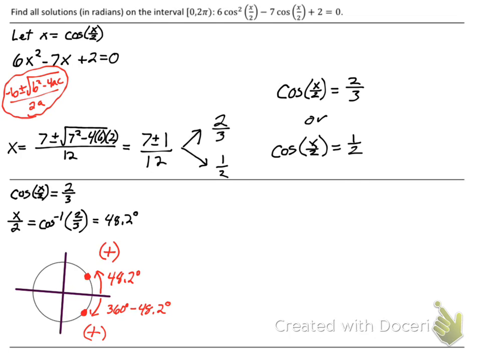So that means, based upon these two things, either x over 2 is going to equal 48.2 degrees, or x over 2 is going to equal 311.8 degrees, because this actually equals 311.8 degrees.